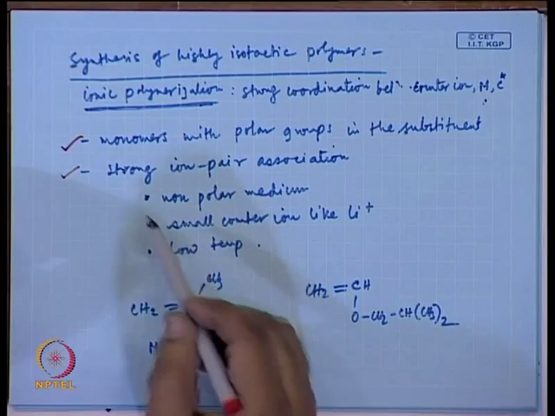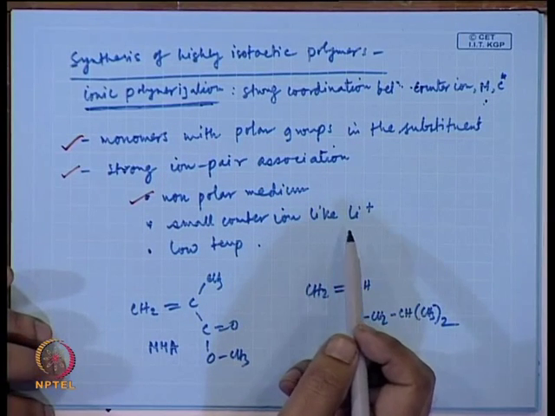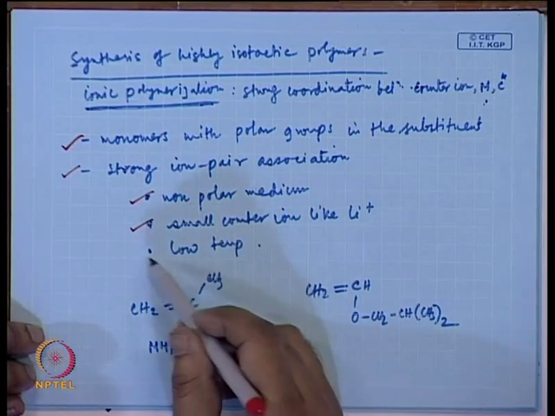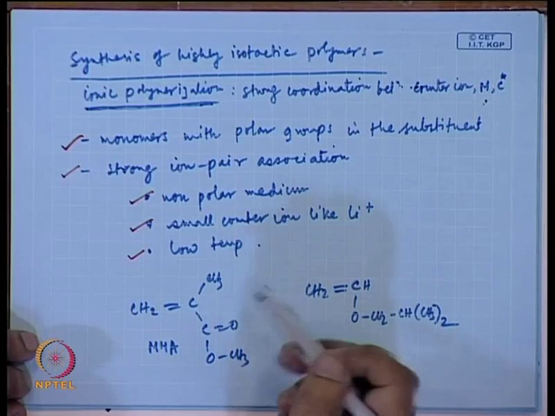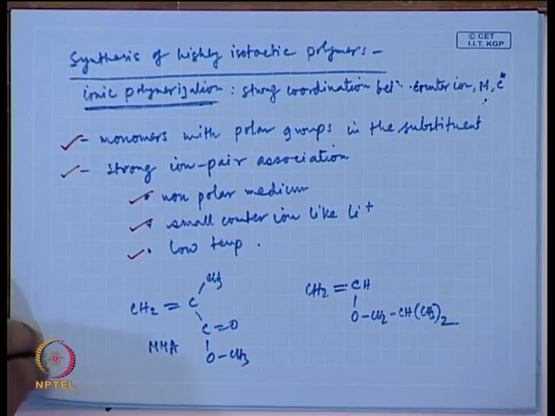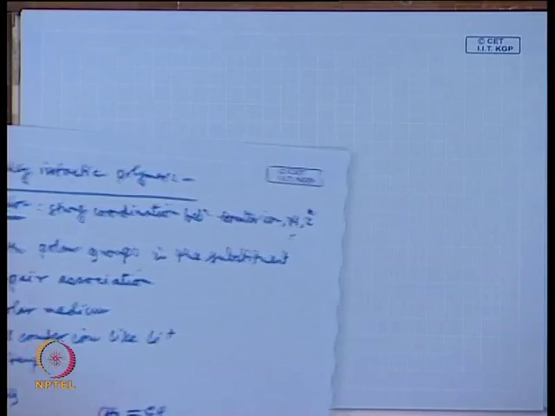If we can carry out the reaction in a very non-polar medium like a hydrocarbon, and if we have a counter ion which is small in size, so that they will be tightly bound, for example lithium, and if we can carry out this reaction at low temperature, what happens then? We can get a strong coordination between the incoming monomer, the active chain end and the counter ion.